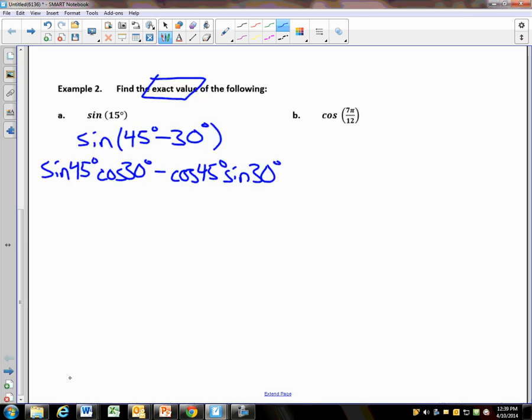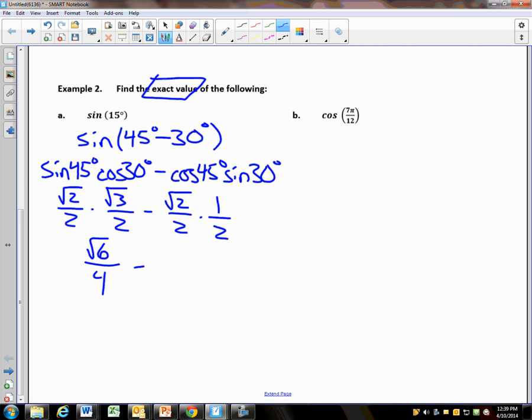Sine of 45 is root 2 over 2. Very good. Cosine of 30 is root 3 over 2. Cosine of 45 and sine of 30. 1 over 2. So now I just simplify. What's the root of 2 times the root of 3?